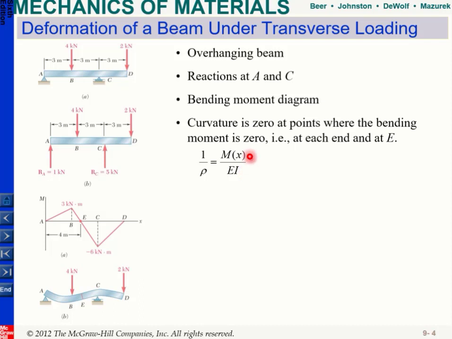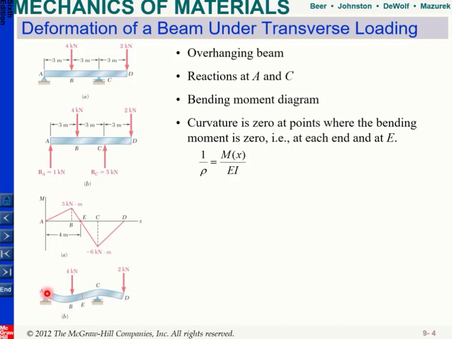From here you can also realize that when your moment is equal to 0, my curvature will be equal to 0. So at points A, E and D, my curvature will be equal to 0 because my moments are also equal to 0. When you look at this beam, you can realize how it deforms, okay?